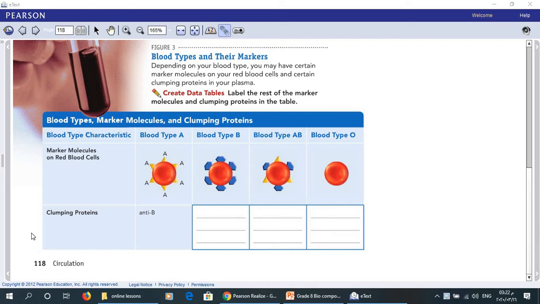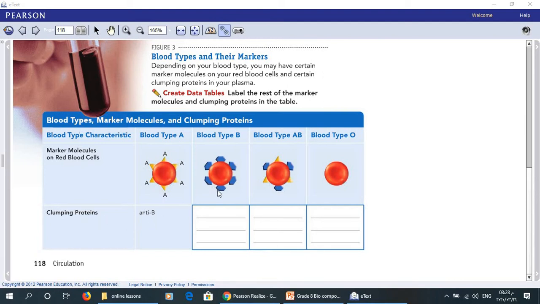Now go to page 118 here. The question said, label the rest of the marker molecules and clumping proteins in the table. As you can see here, the red blood cells contain marker A, and in his plasma contain anti-B, clumping protein anti-B.